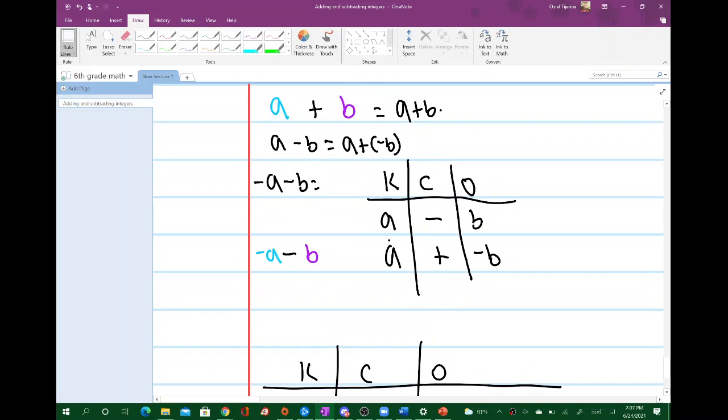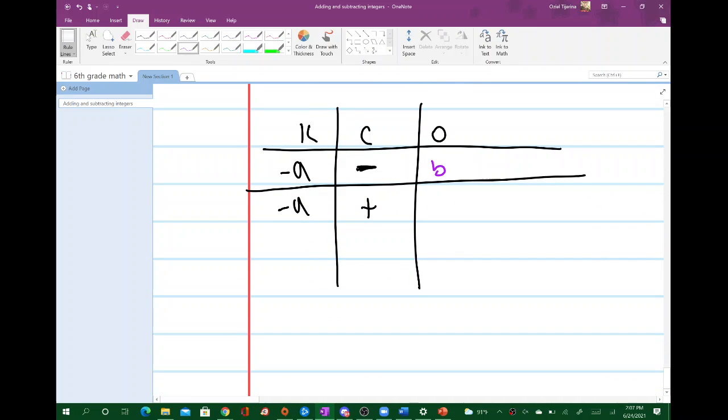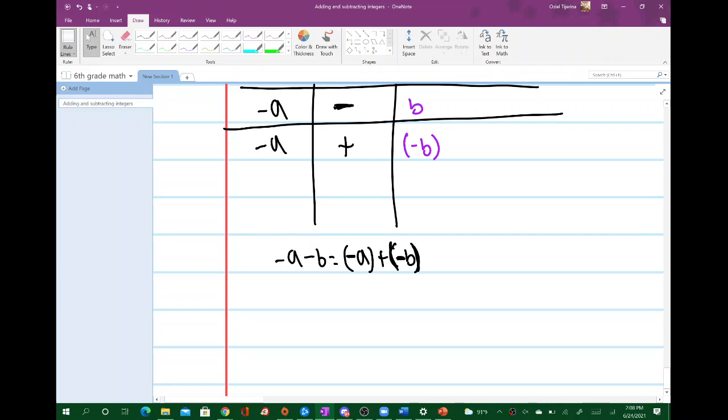The opposite of B is negative B. So we have negative B. So really, negative A minus B is really negative A plus negative B. And you can put parentheses so that you can denote that these are negative numbers, okay?